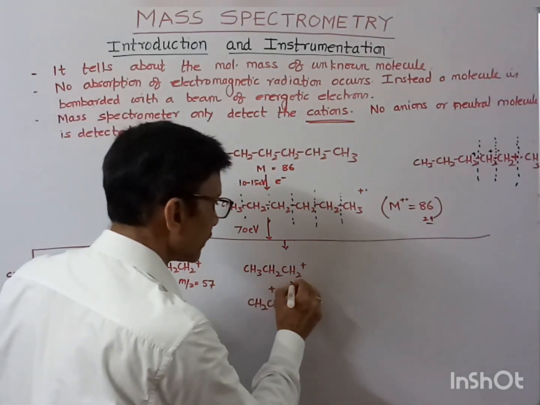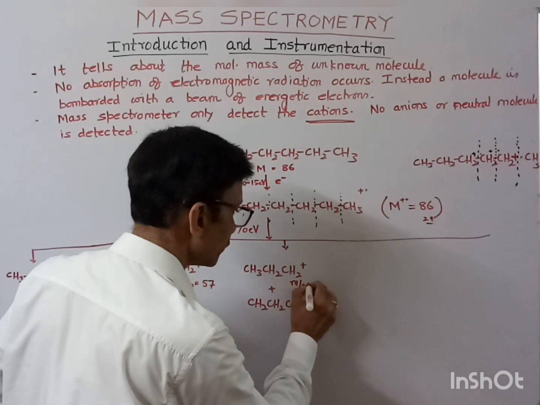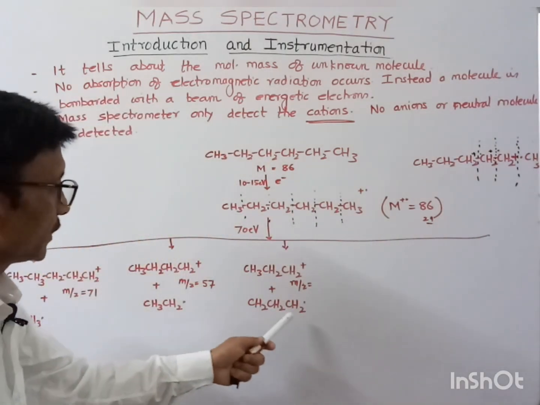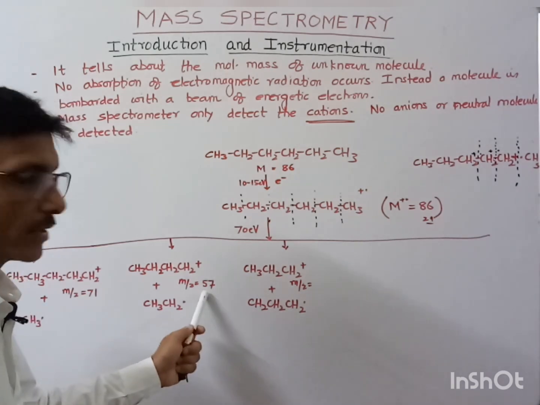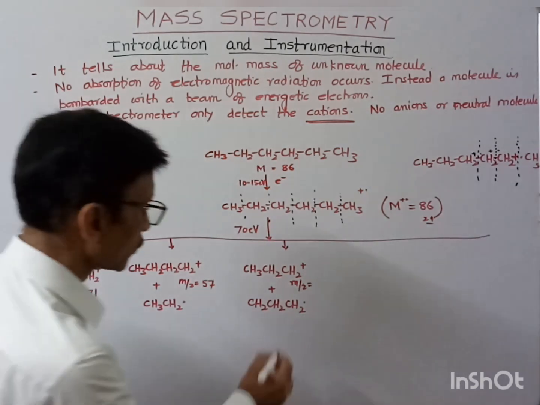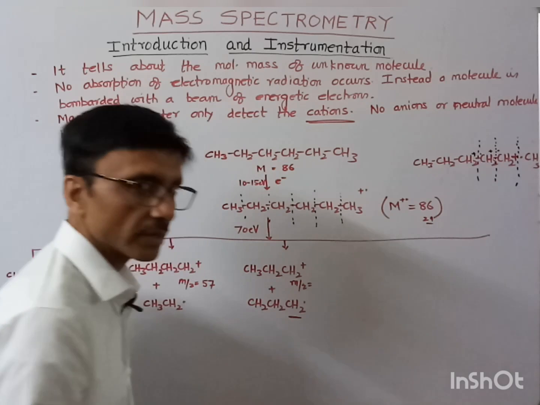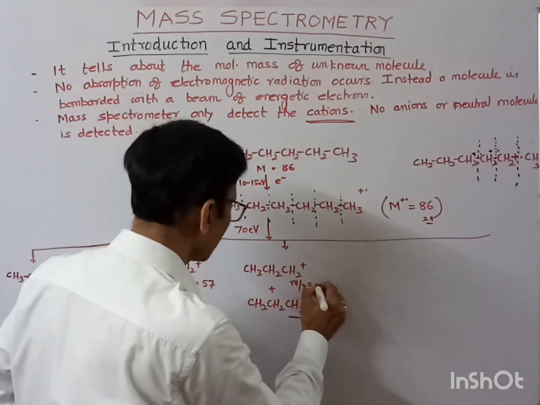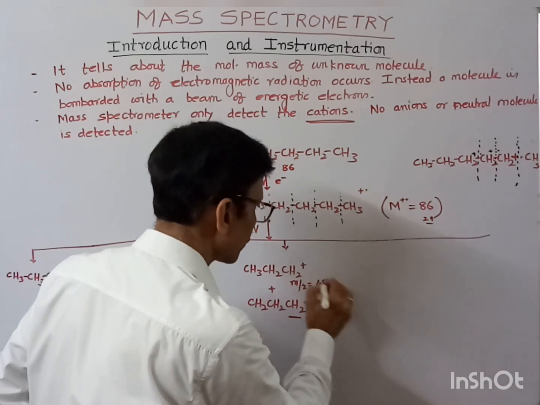And the m by z value for this would be subtracting 14 from 57, because one CH2 is removed. So this would be 43.